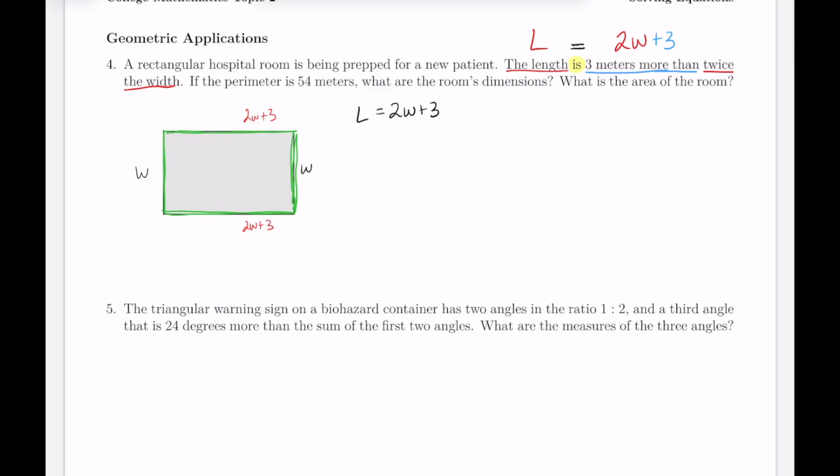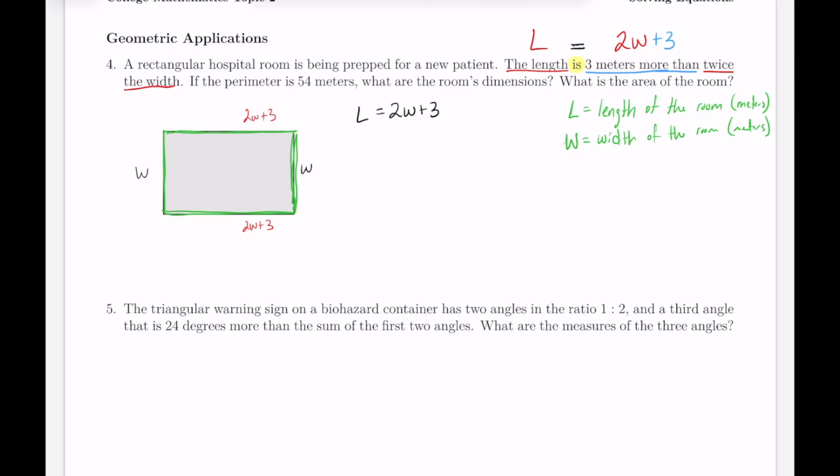Okay. By the way, if I'm going to use L and W, these are pretty common, but it's always a good idea to say, let L equal the length of the room in meters, and W is the width of the room in meters.